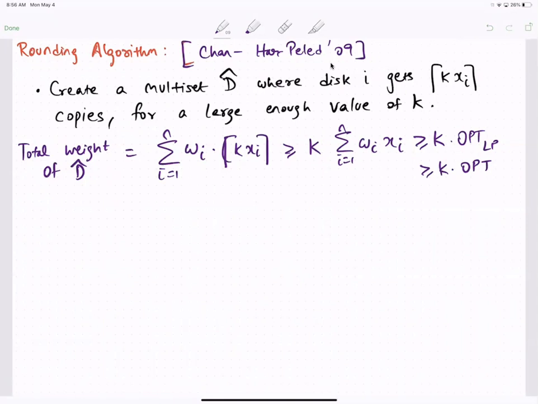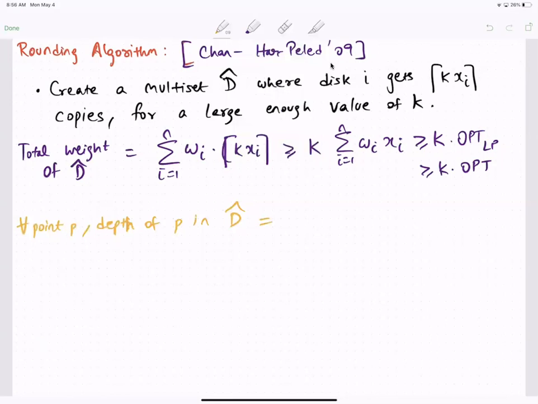Okay, so what's the next thing you have to prove? The next thing you have to prove is about the depth, or the max depth, right? So for all points P, the depth of P in D prime, what will that be?